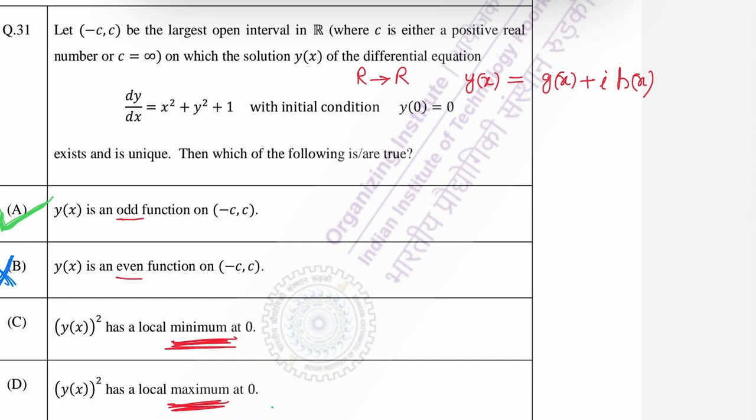In that case y(x) will be a complex function, but here the options say minimum, maximum. This means that we have to compare, and comparison is not allowed in complex numbers. I mean, you cannot say that 2 plus iota is greater than 1 plus iota. Order is not defined in complex numbers. So even when it is not mentioned in the question, you have to assume it to be a real function.